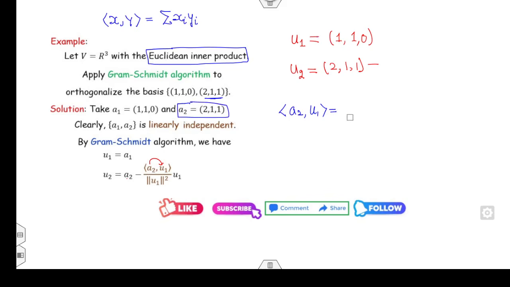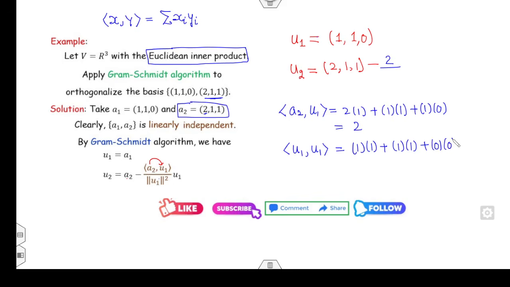It will be the first element 2 into 1, plus the second element 1 into 1, plus 1 into 0. So that will be 2. That number is 2, divided by the norm of U1 squared. Norm of U1 squared means the inner product of U1 with U1, which is 1 into 1 plus 1 into 1 plus 0 into 0.